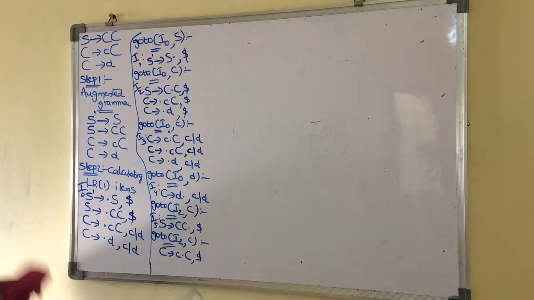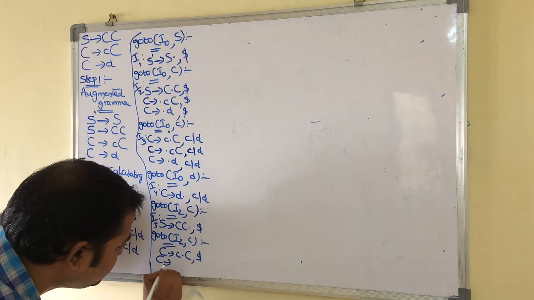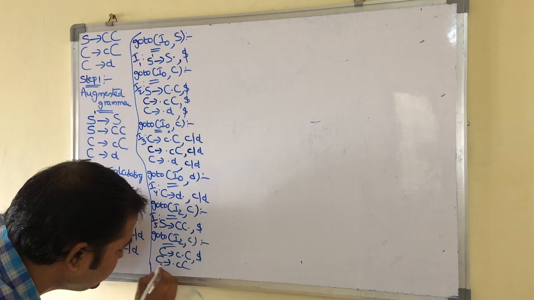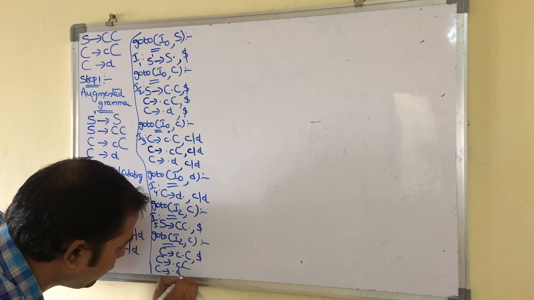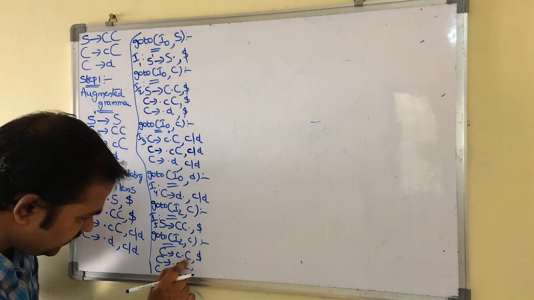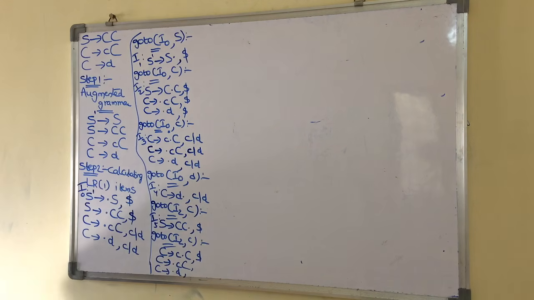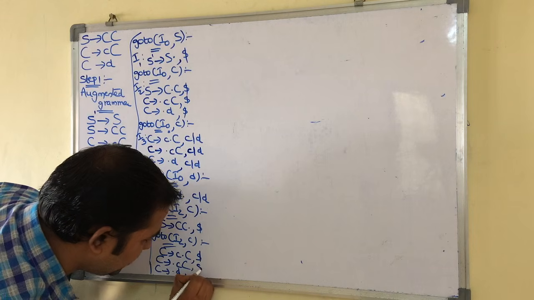Here after dot we have a non-terminal, so we need to write the productions of C. So the productions of C are C produces dot CC, C produces dot d. And we need to write the look ahead part. Here after C we don't have any symbol, so let us consider this one as epsilon. Epsilon into dollar means dollar. So first of dollar means dollar.